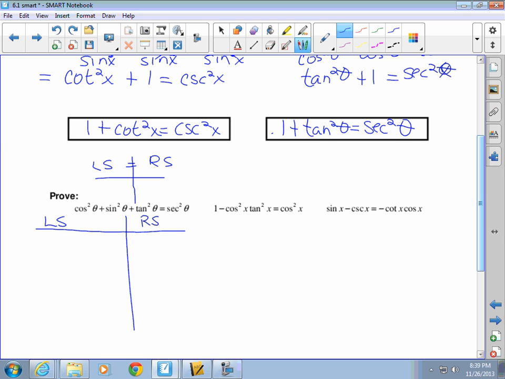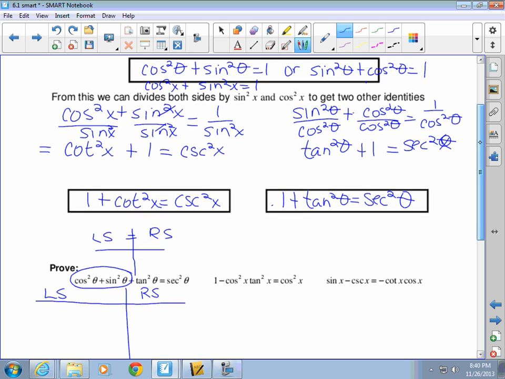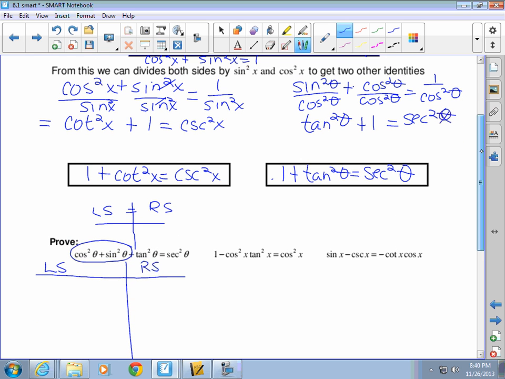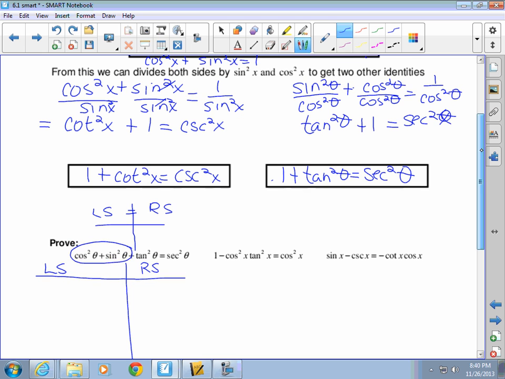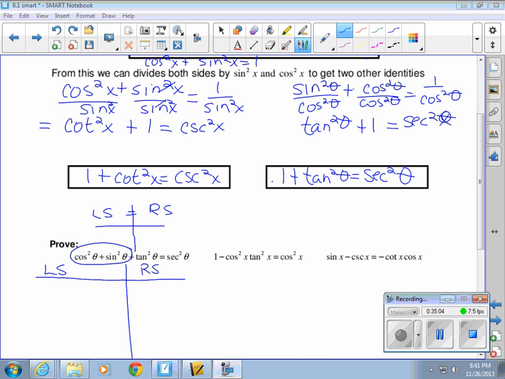So cosine squared theta plus sine squared theta. Well, right away, you should be able to recognize that as your Pythagorean identity. I said tangent because I'm going to tangent. Sorry, pause. Okay, sorry about that.